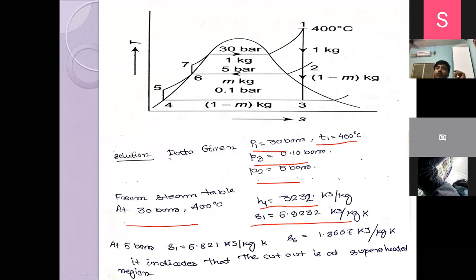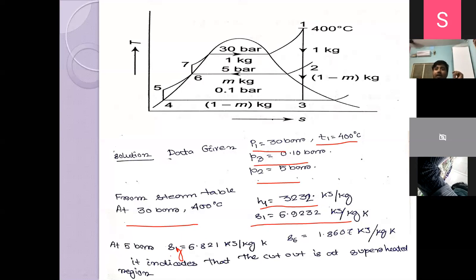Now the next step is to find out the conditions at 5 bar from the steam table. In this case, we will use the saturated steam table first, because we will see what the saturation properties of the steam at 5 bar are.